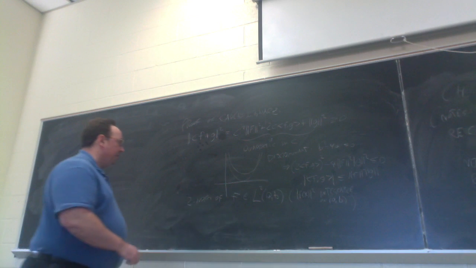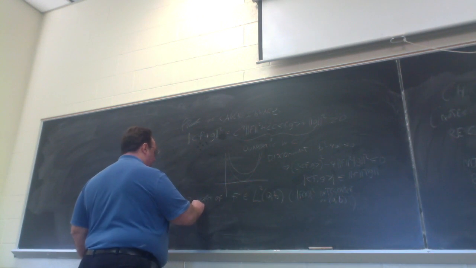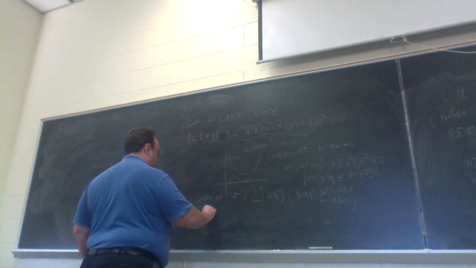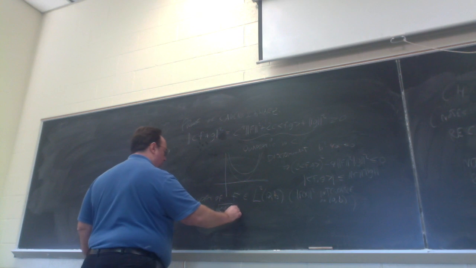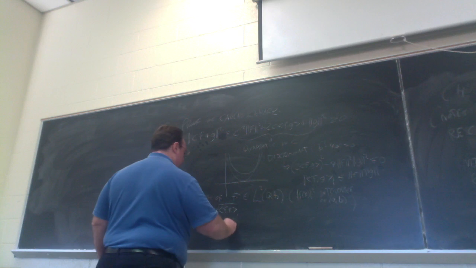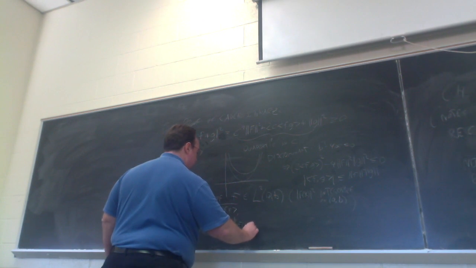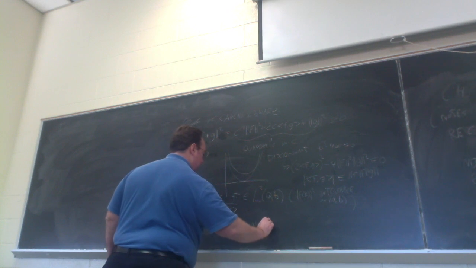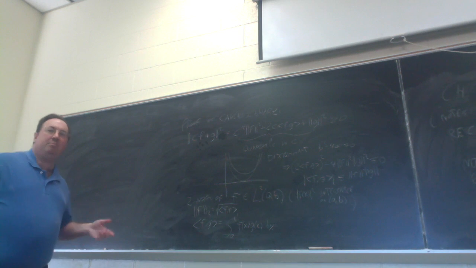I define the 2 norm to be the square root of the inner product of f with itself, where the inner product of f and g is just the integral of f times g. So it's kind of like the dot product in a way.